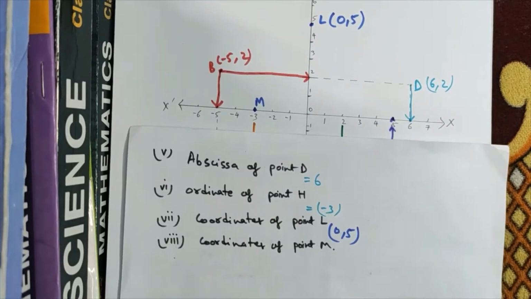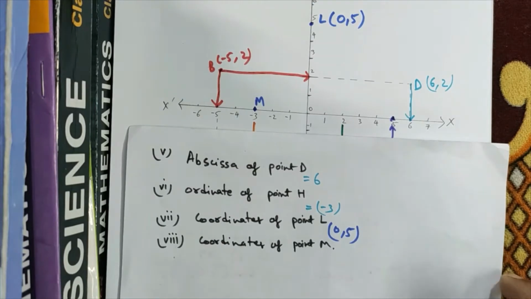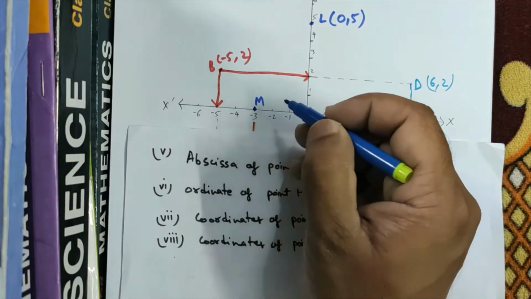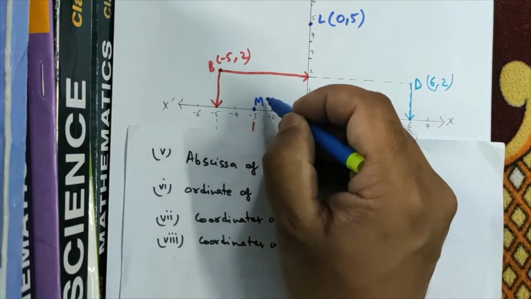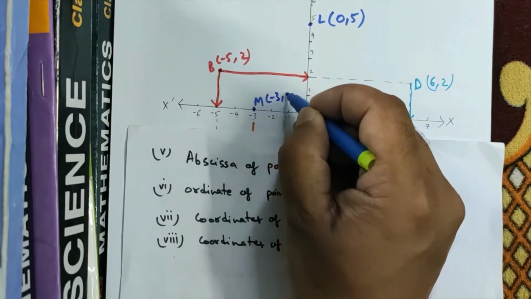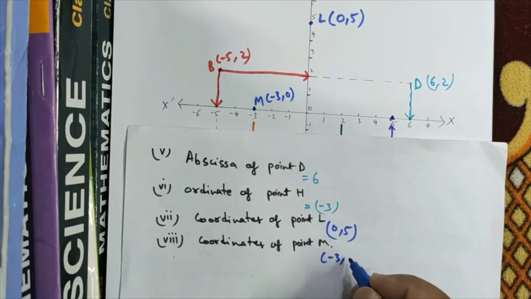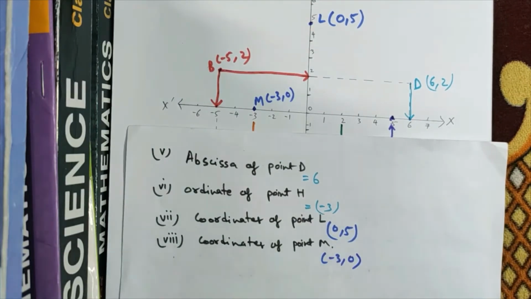Next is the coordinate of point M. This point M is lying on the x axis. So the y coordinate will be 0 and the x coordinate will be minus 3. So the coordinate of point M will be minus 3 comma 0.